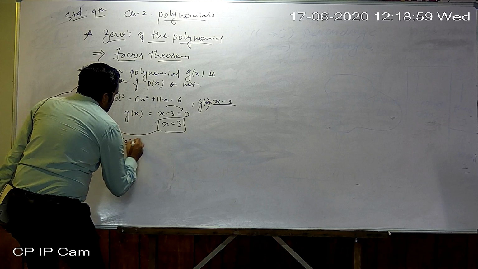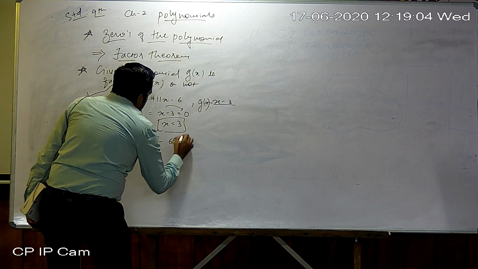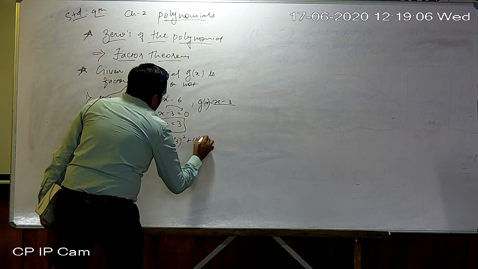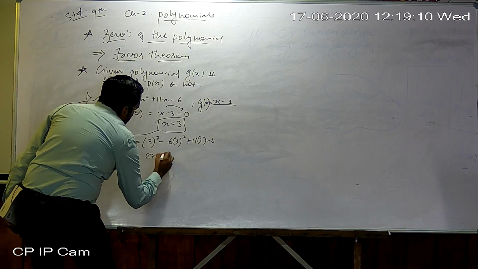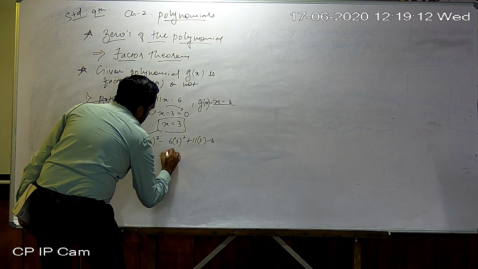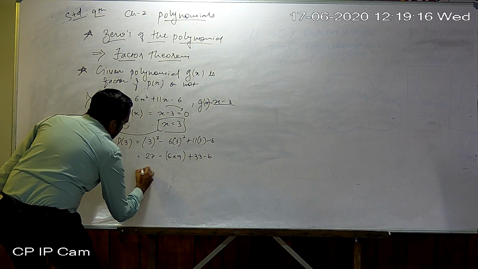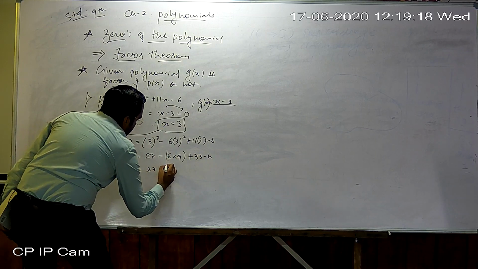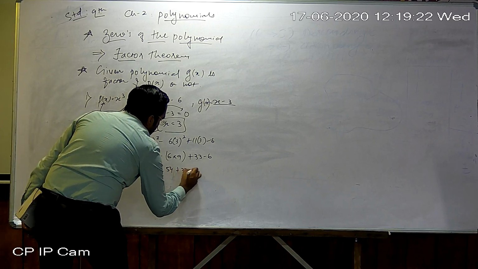So p of 3 equals 3 cube minus 6 into 3 square plus 11 into 3 minus 6. Therefore 3 cube is 27, minus 6 into 3 square, which is 9, is 54, plus 33 minus 6.